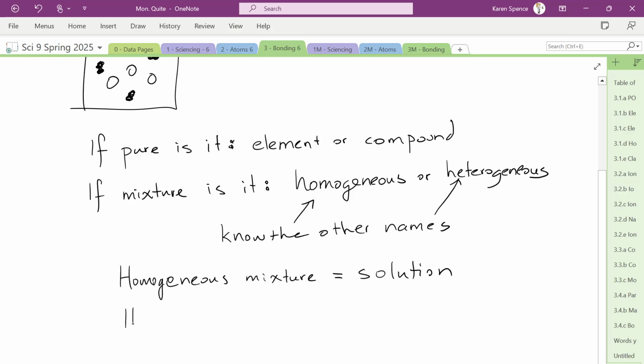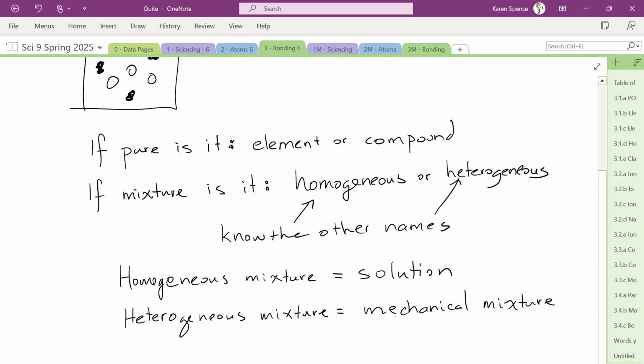And a heterogeneous mixture is the same as a mechanical, yes. Is that good?